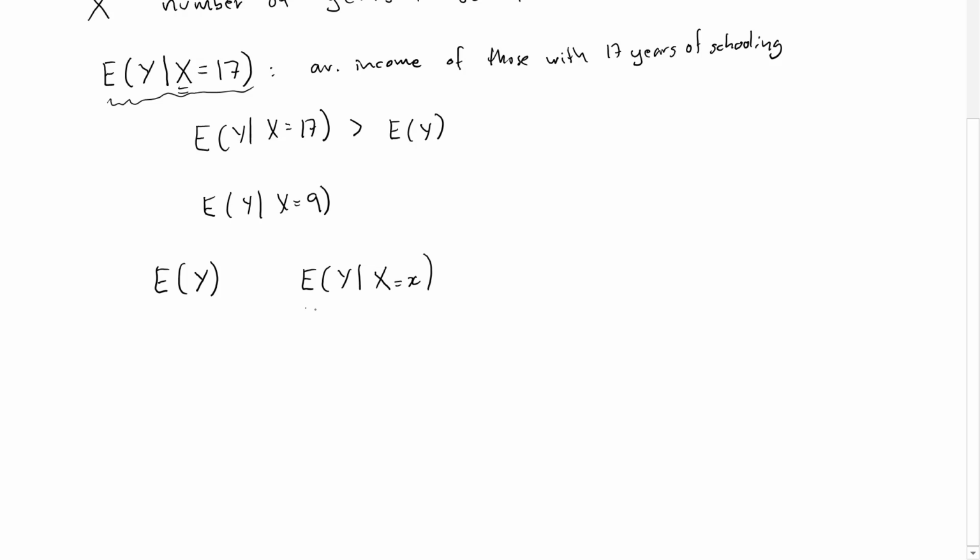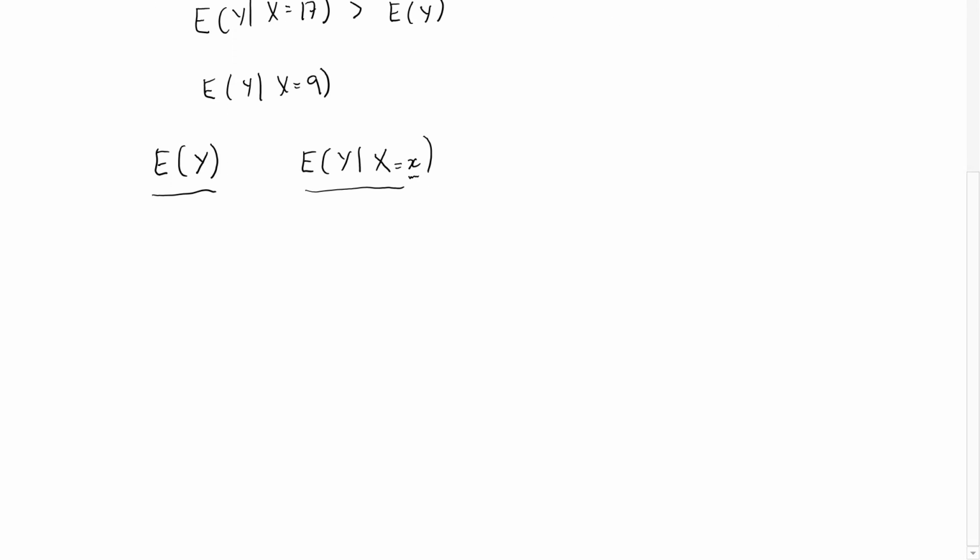This one answers the question, what's the expected level of unemployment if we have this particular level of inflation? While this one, sometimes called the unconditional expectation because we're not conditioning on anything, asks the same question but without an assumed level of inflation. In some cases, they can actually be the same.